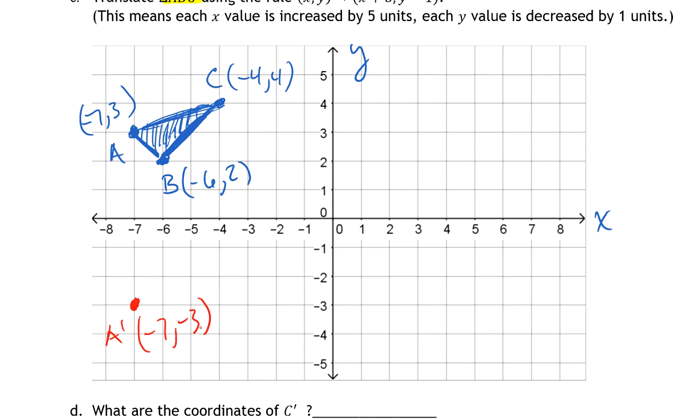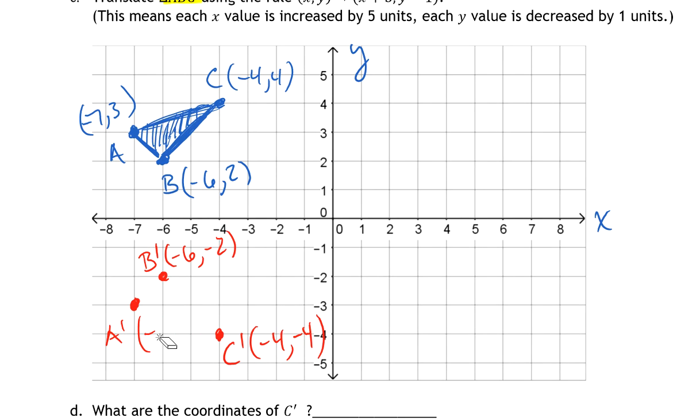What happened was the y value changed signs. For B, B was at negative 6, 2. It's going to go to negative 6 and then negative 2. So here's B prime. It's at negative 6, comma, negative 2. And then my final point, C, is going to go to negative 4, negative 4. So here's C prime at negative 4, negative 4.